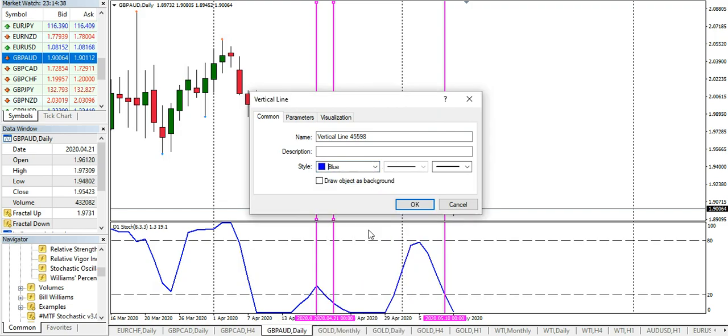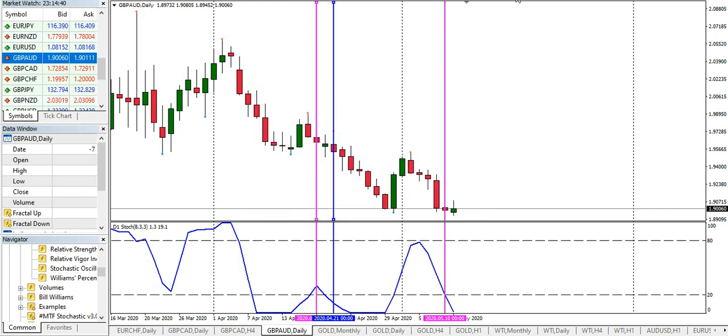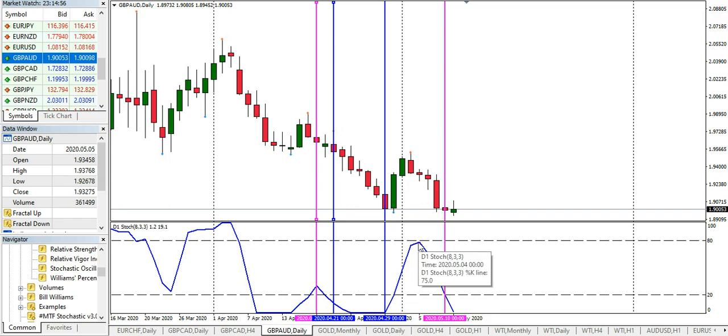We were in the buy zone there, all the way up here, and then we got the buy opportunity. Then the stochastic oscillator went into the sell zone, so we would stop, because now we're at a high price and we want the stochastic oscillator to go back into the buy zone to give us back a low price.